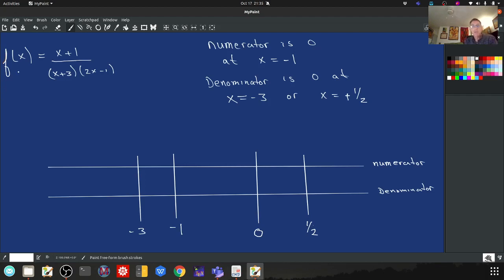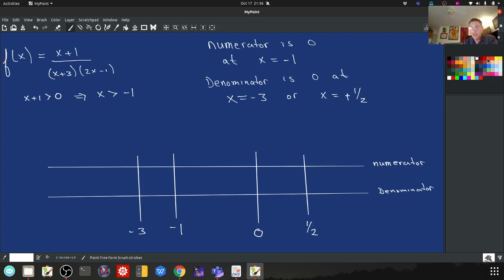Now here we do something really odd. We take our denominator, x plus 1 is greater than 0. So we solve that equation. That implies x is greater than minus 1/2.